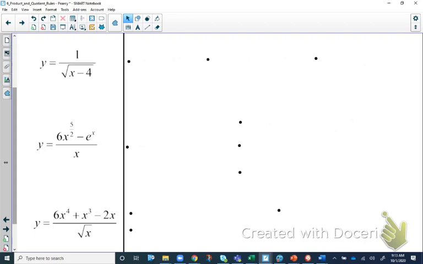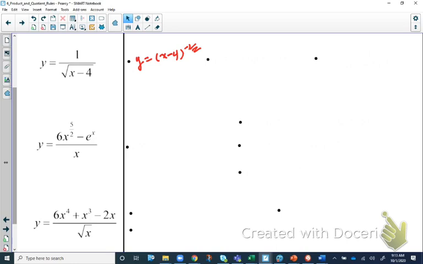So if I wanted to rewrite the first one, all I'm going to do is write it as y is equal to, maybe in parentheses, x minus 4 to the negative 1/2 power. And I can see very quickly that I can take the derivative of that just using the power rule. Now, we're bordering on something called the chain rule, and we'll talk about that before the end of the lesson.